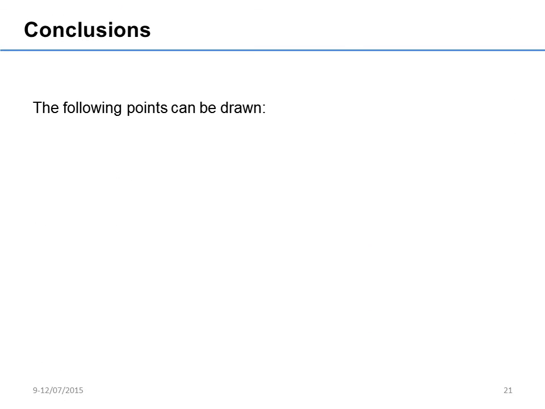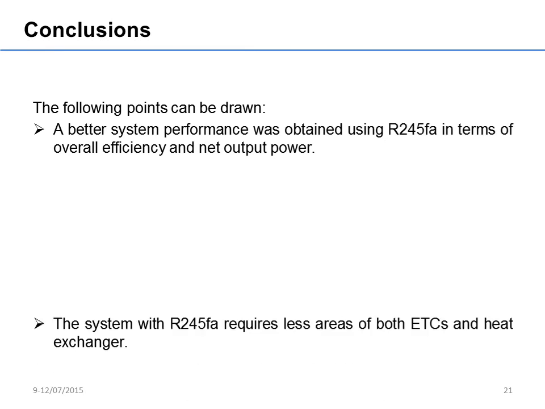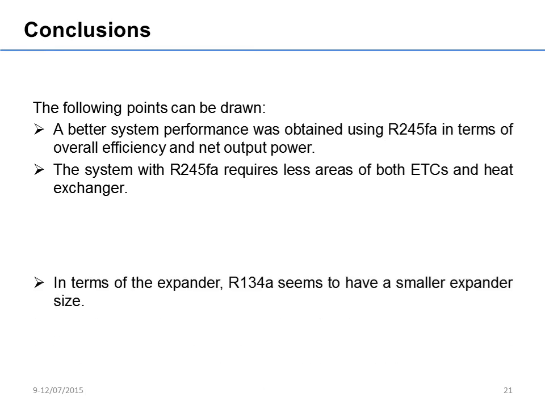So as a conclusion, the following points can be drawn from the performance of the system with the two fluids. A better system performance was obtained using R245FA in terms of overall system efficiency and the net output power. The system with R245FA requires less area of both the evacuated tube collector and the heat exchanger.